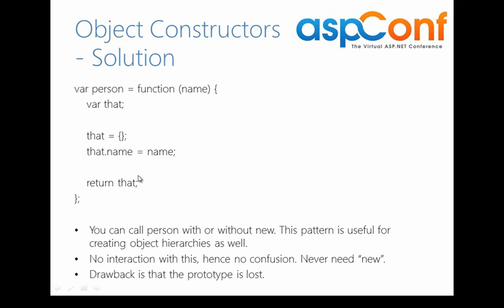There's no notion of this in here, and there's no confusion as to whether new is to be used. You just forget about new, you forget about this, you just use this approach with that. What this means is that whether you use new or not, this will always give you the same result because you're returning that.